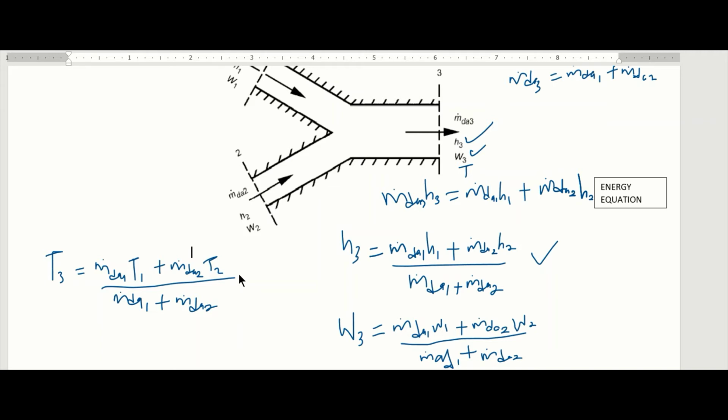So with these we can solve for the new condition for the dry bulb temperature, for the enthalpy, and for the humidity ratio. Please note that this is the dry bulb temperature.